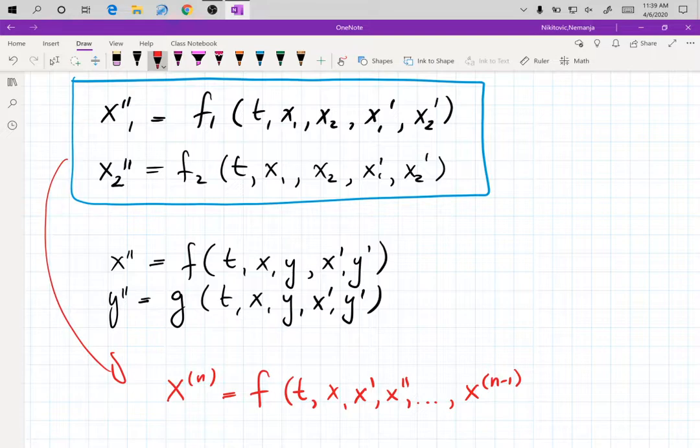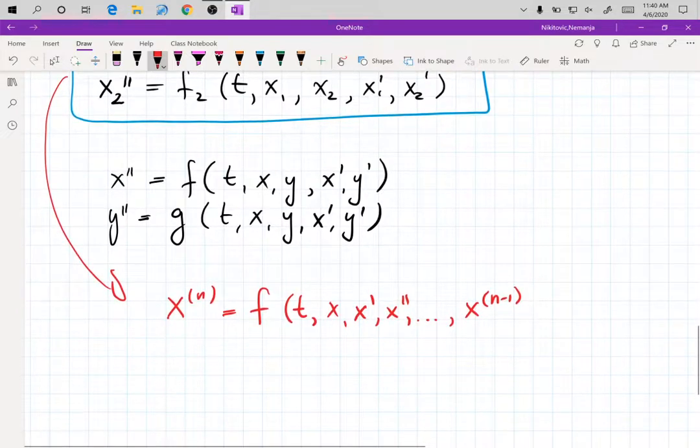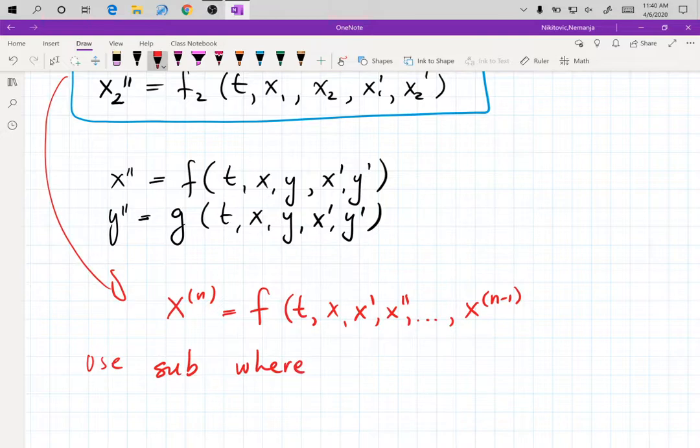So they will actually combine into something like that, and then we can introduce the substitution where you say that x1 prime is equal to x2, and then x2 prime is x3.